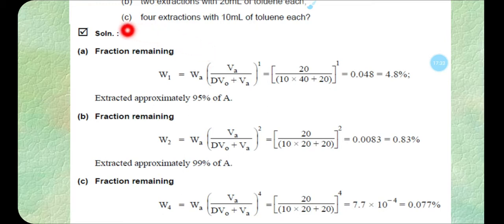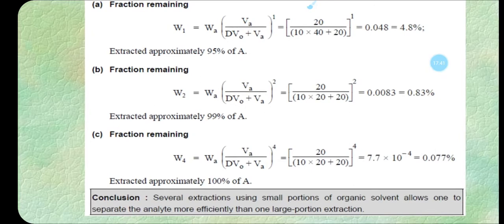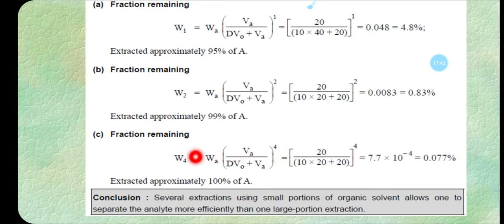We also have the third possibility, that is 4 extractions with 10 ml of toluene. Then we use the same formula: W fourth is equal to WA times (Va upon D Vo plus Va) raised to 4. So substitute the values.